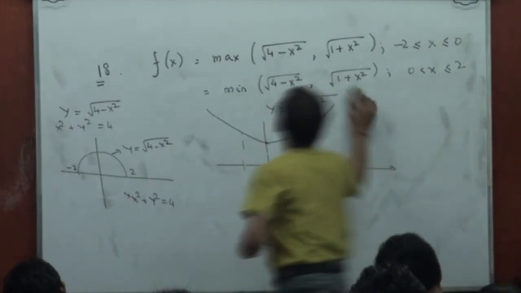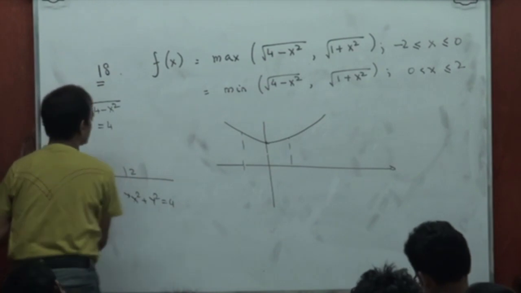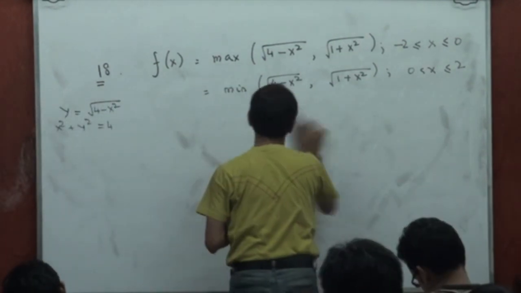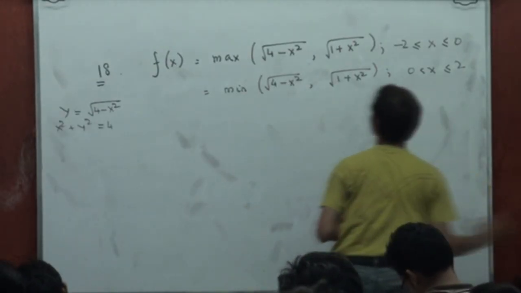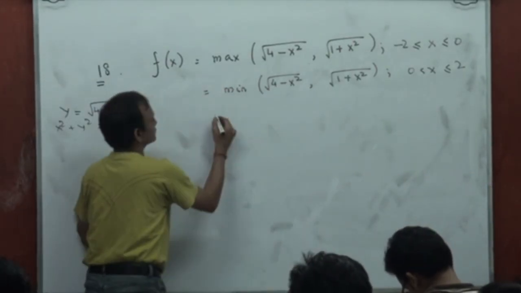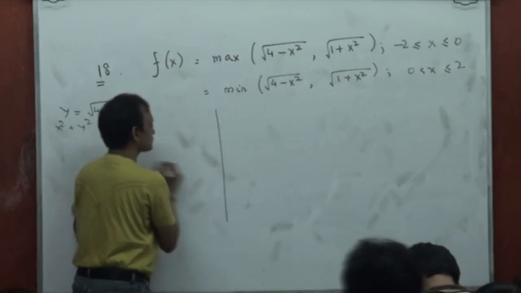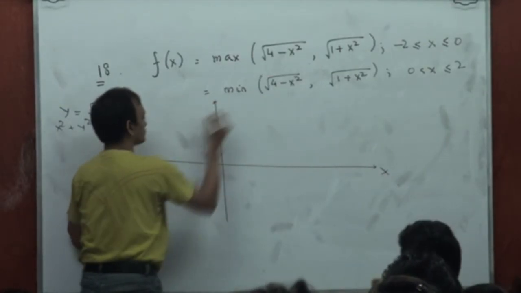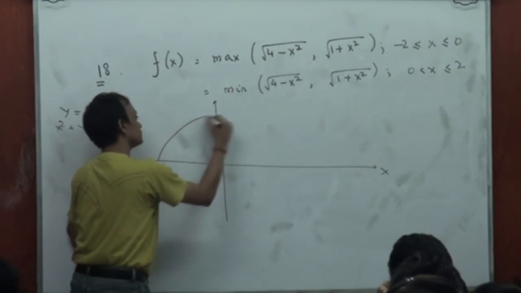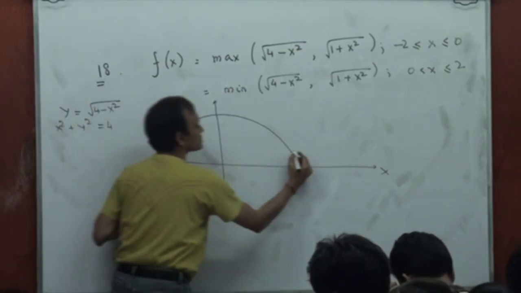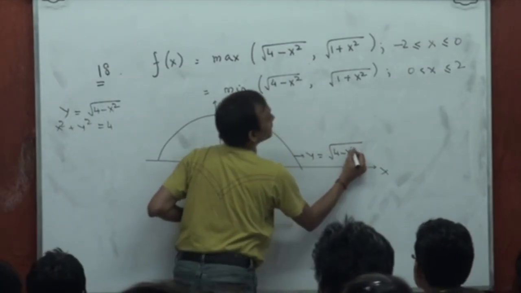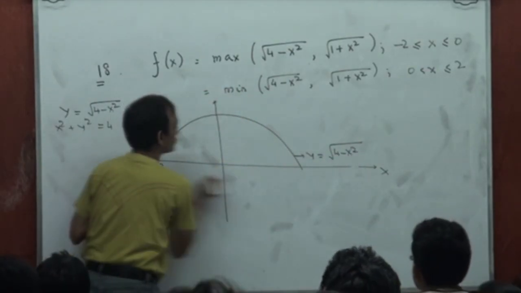Now, let me plot both these in the same xy plane. This is y equal to root 4 minus x squared in the interval minus 2 to 2.